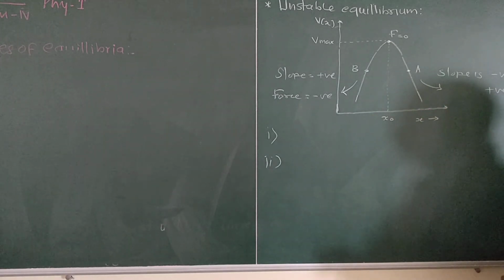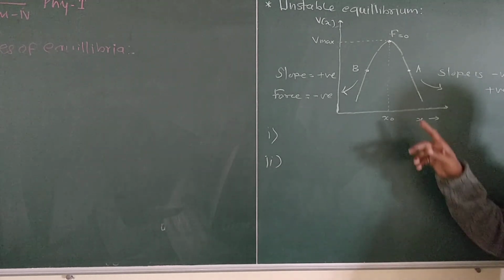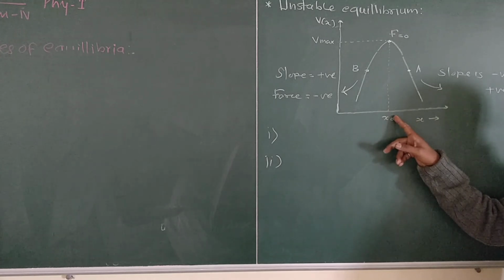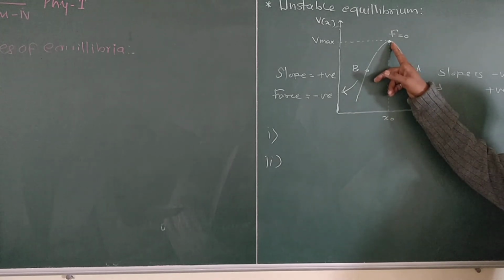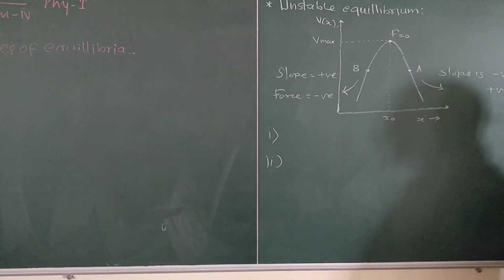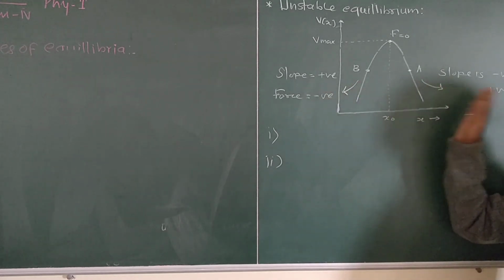Such type of motion we call unbounded. That means the particle never stays bound about the equilibrium position. In every case, it will be accelerated away from the mean position.